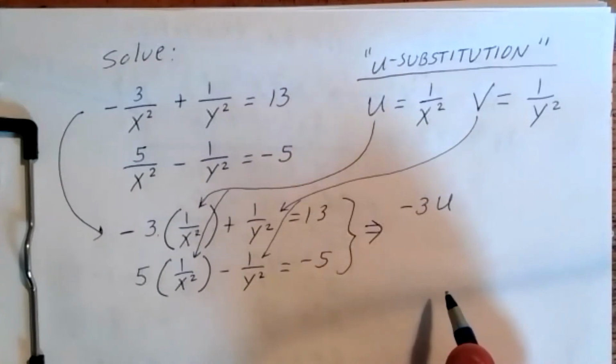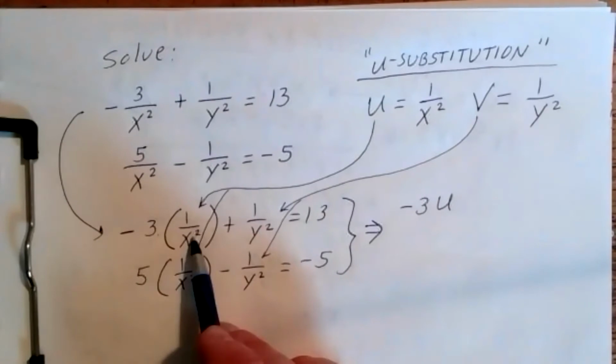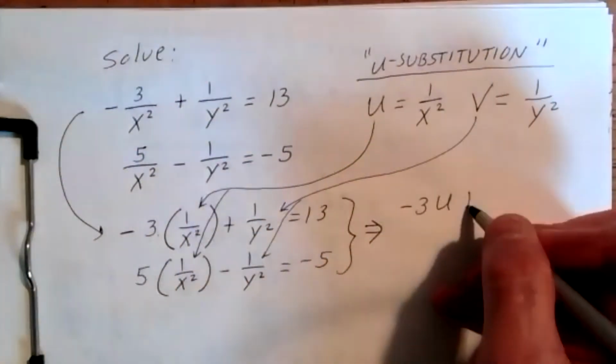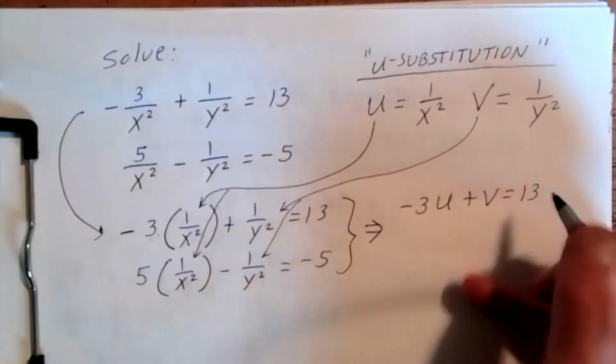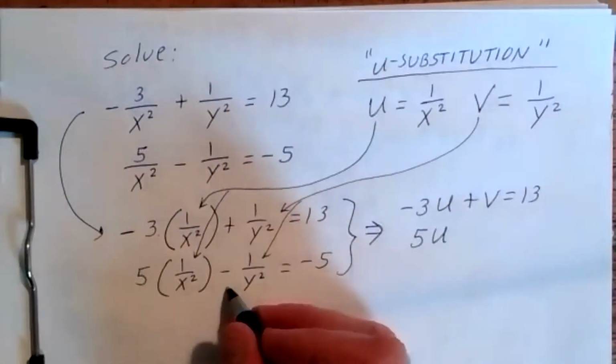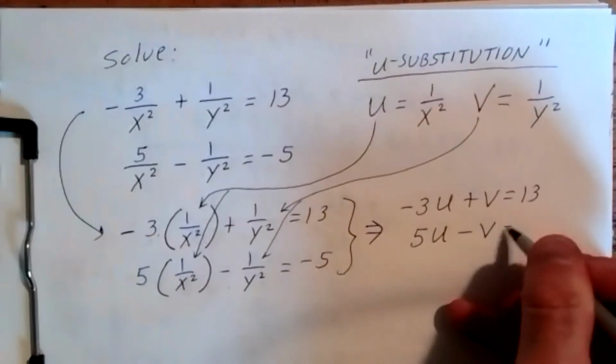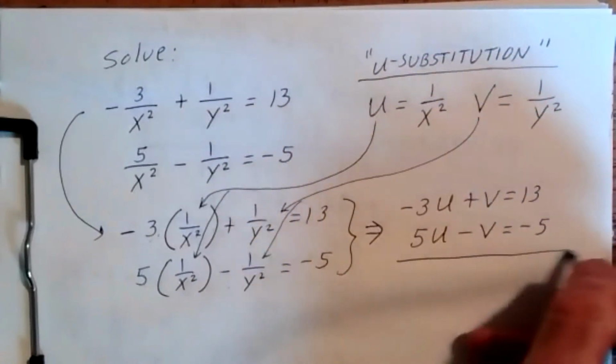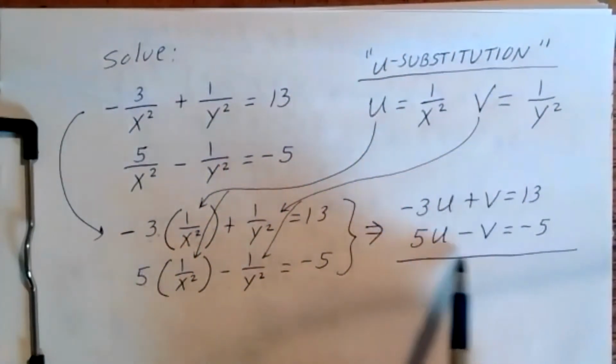So upon making these substitutions for 1 over x squared and 1 over y squared, this first equation becomes -3u plus v equals 13. The second equation becomes 5u minus v equals -5. Wow. Look at how nice this system looks here. Do you agree?